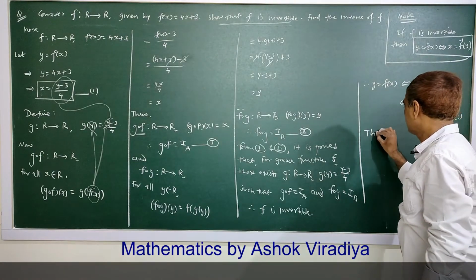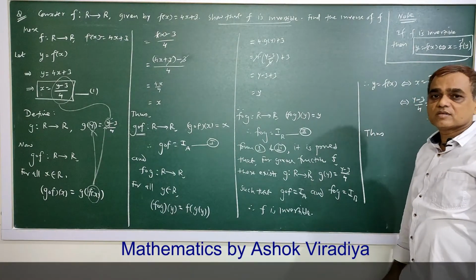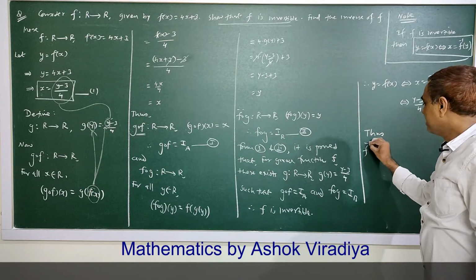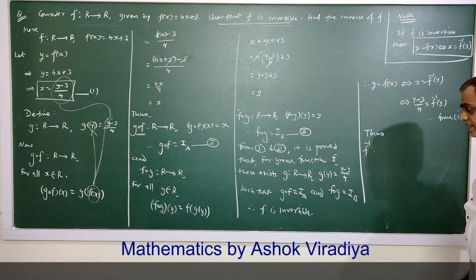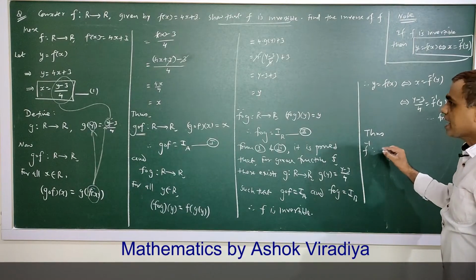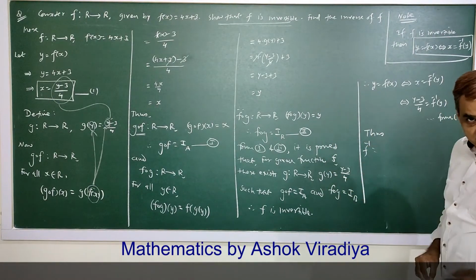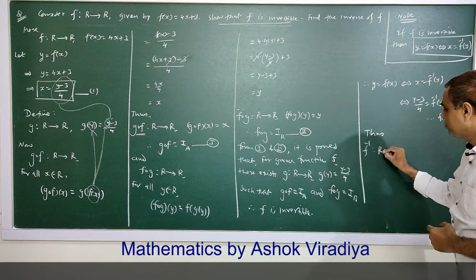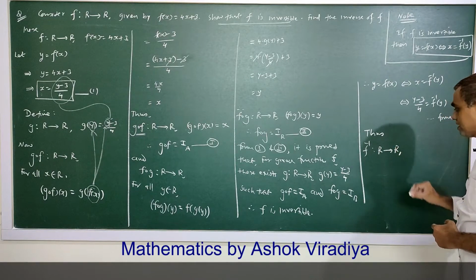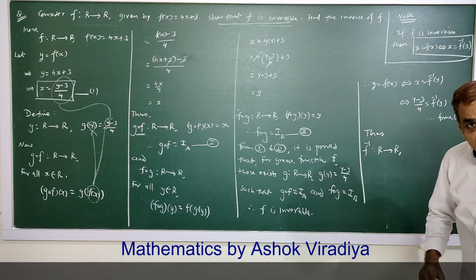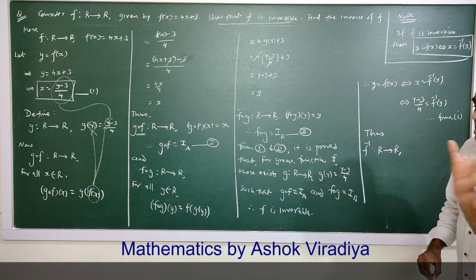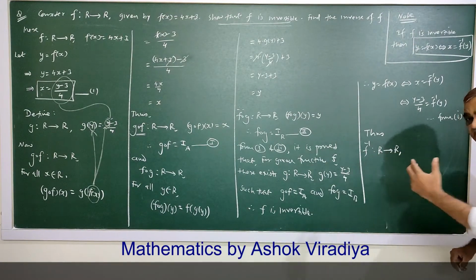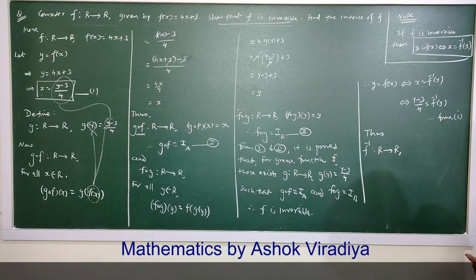Thus f inverse is from R to R. F is from A to B, so f inverse will be from B to A. But here because A and B are the same, f inverse also remains the same.